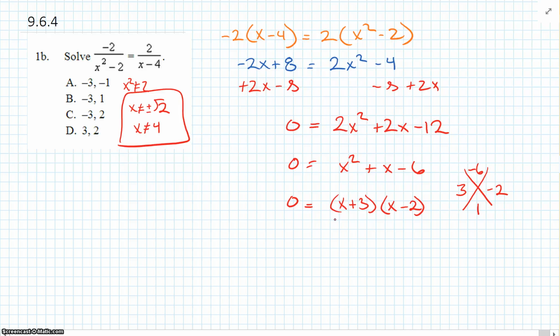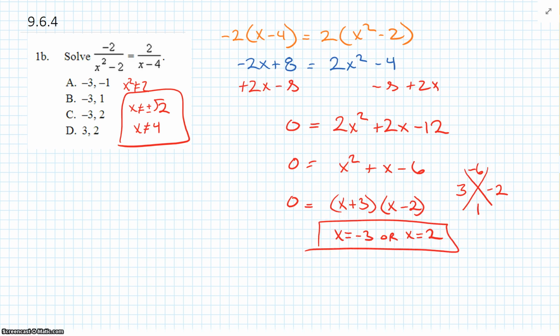To make that work, x is going to equal negative 3 or x is going to equal 2. Both of those answers work, because they don't go against any of the restrictions.